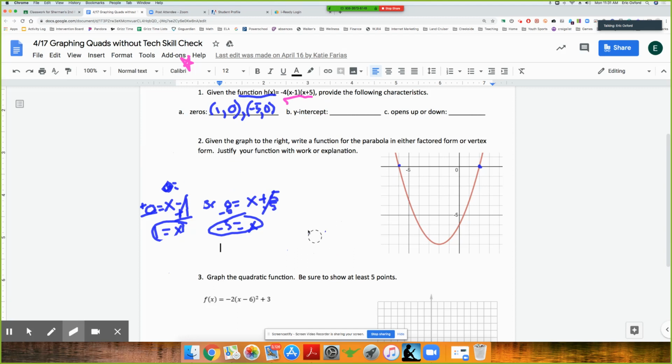Okay, so all along here, the y-axis, or h of x in this case, is 0. And so those are where the zeros are. That's where this parabola is coming through here. So, okay, so now the y-intercept.